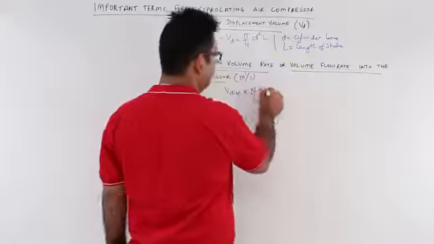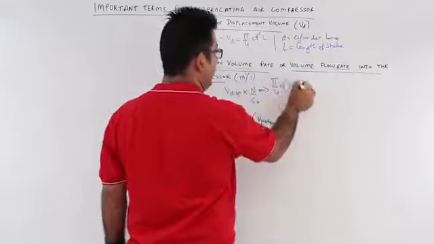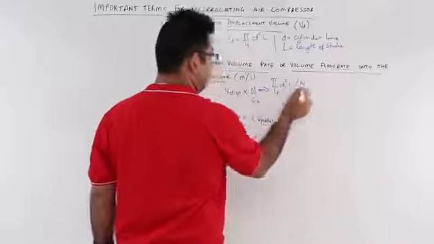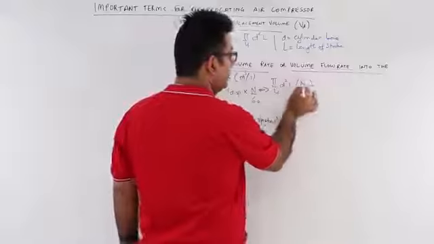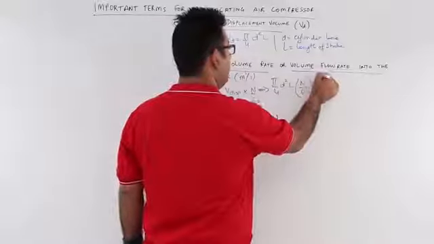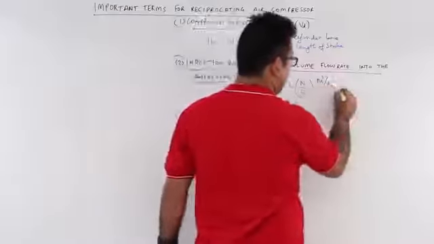So this becomes pi by 4 d square L into n by 60. This gives you meter cube per second. Now this is for single acting.